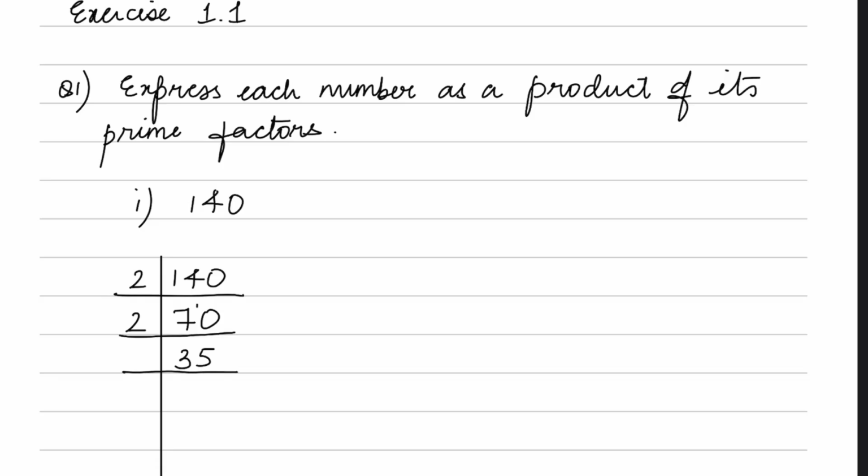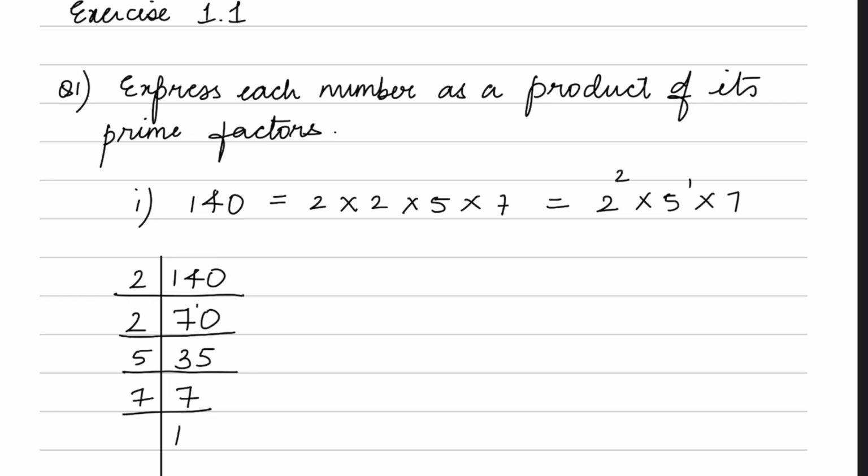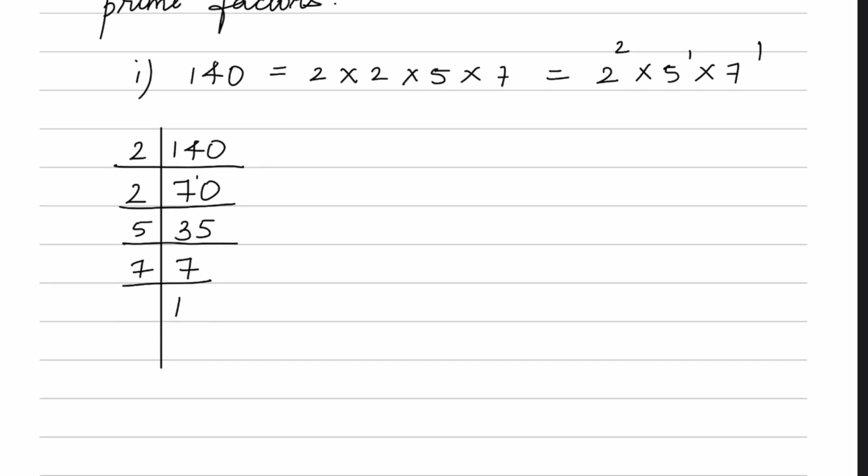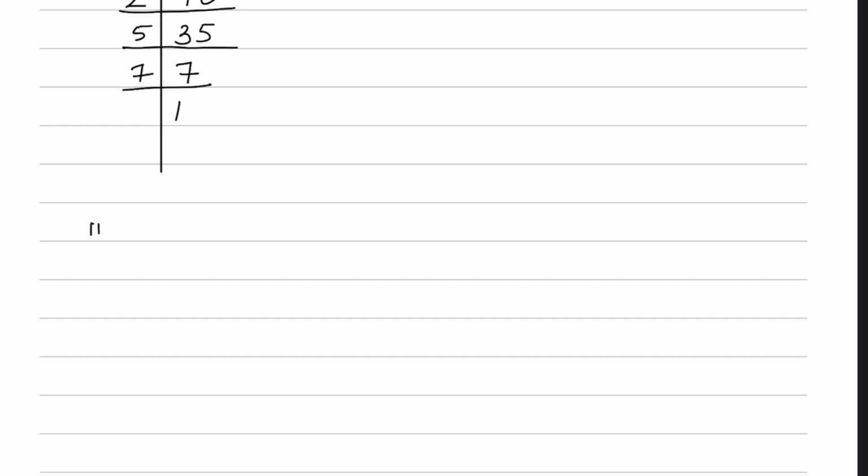Now this number ends with 5, it is 35, so I'm going to continue with 5. 5 7s are 35, and then 7 1s are 7. So the prime factors of 140 are 2 into 2 into 5 into 7. You can also write this as 2 raised to 2 into 5 raised to 1 into 7 raised to 1.